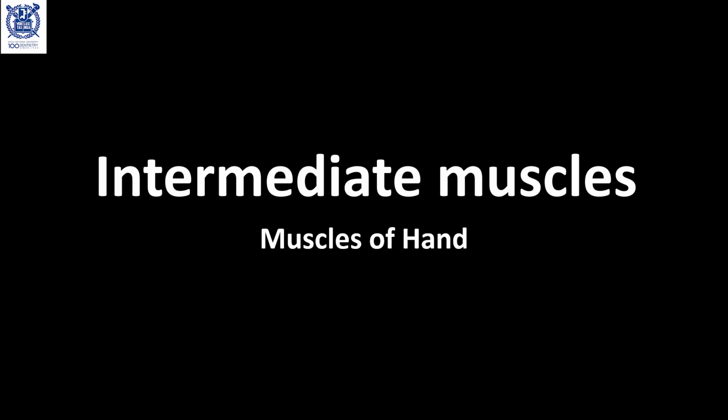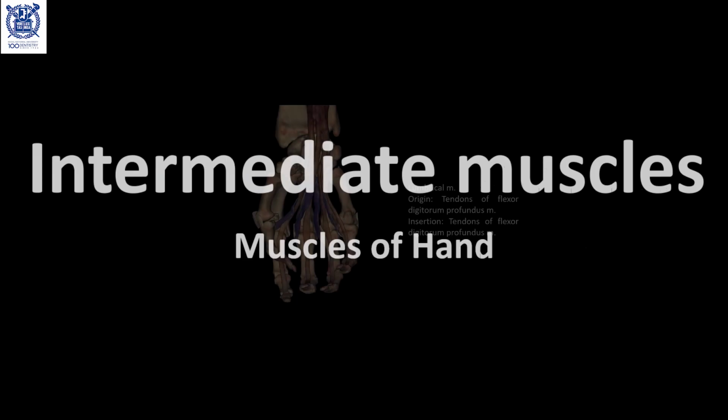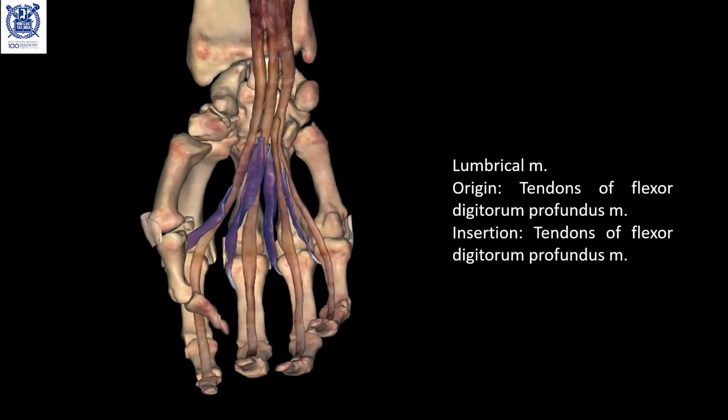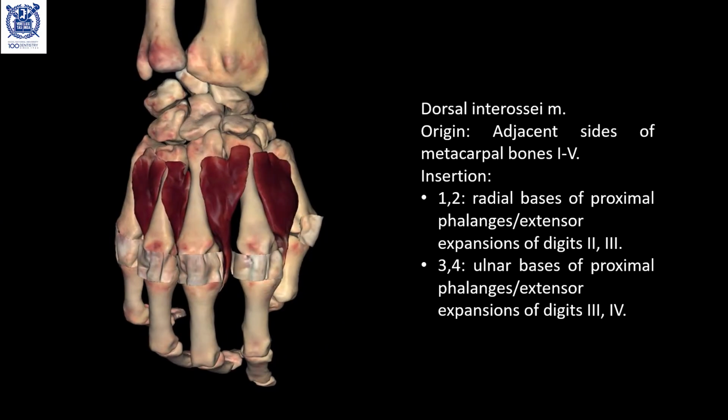So finally, we are talking about the intermediate muscles. Lumbrical muscle. Origin. Tendons of flexor digitorum profundus muscle. Insertion. Tendons of flexor digitorum profundus muscle. Dorsal interosseous muscle. Origin. Adjacent sides of the metacarpal bones.